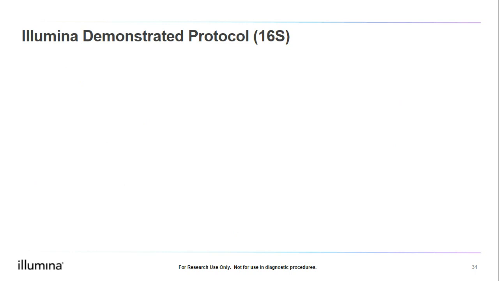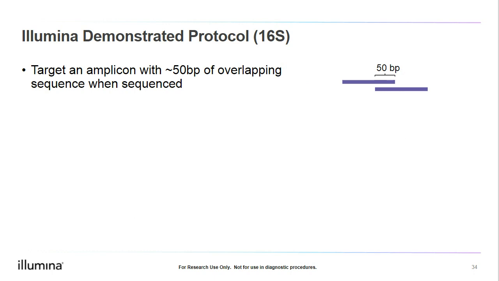There are a few considerations for designing a locus-specific primer. First, we should target an amplicon that will have about 50 base pairs of overlapping sequence when sequenced. For example, if running a 2 by 300 base pair paired-end read, Illumina recommends having an insert size of 550 base pairs or smaller so that the bases sequenced at the end of each read overlap.